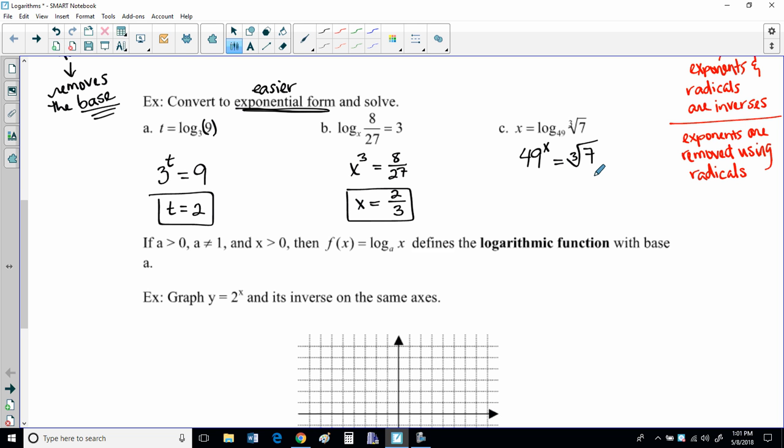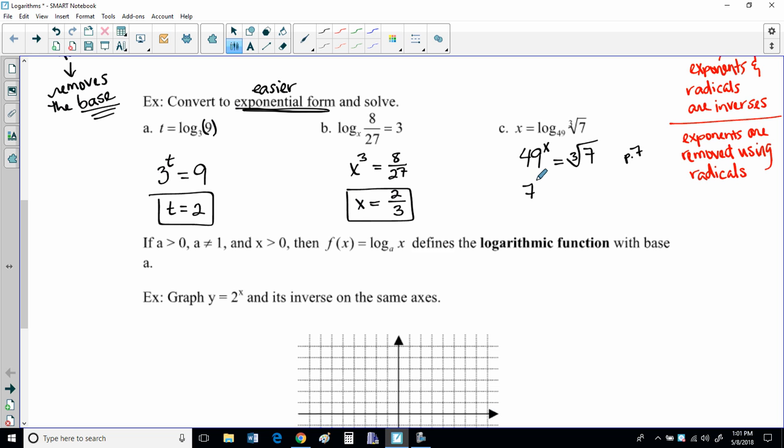So pause this, go back to page 7, and look at A and B, and see if you can figure out how to do this one. And then, after you've given it a try, unpause it, and I'll go through it.